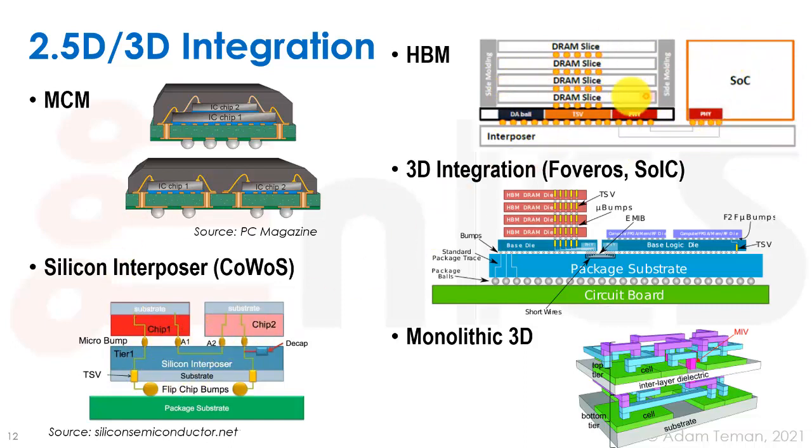This is real 3D integration when we have these stacks of DRAM, but it's really been around for several years now, even though it's pretty high-end and expensive, so it's not used across the board.